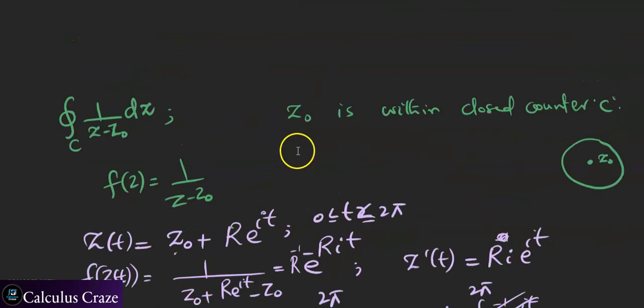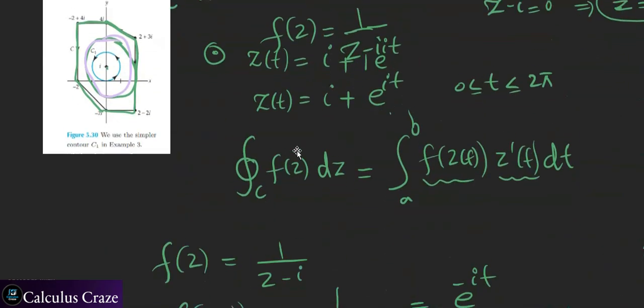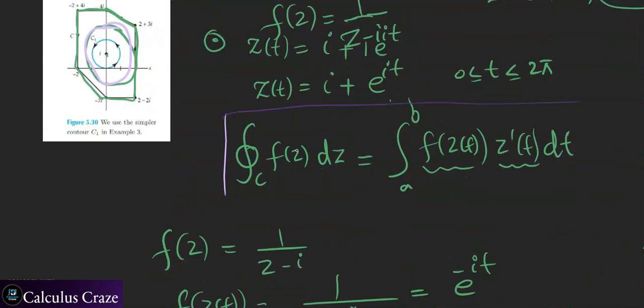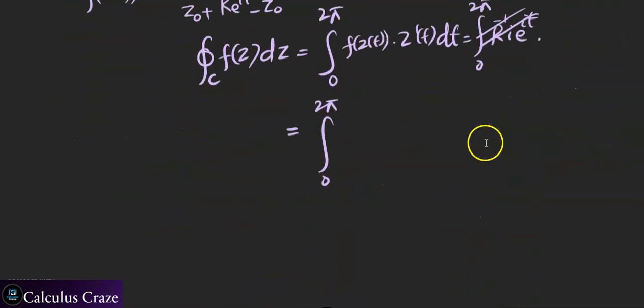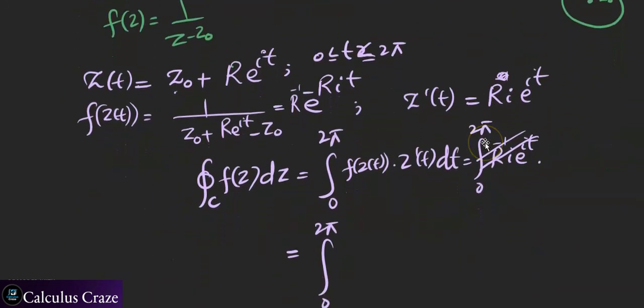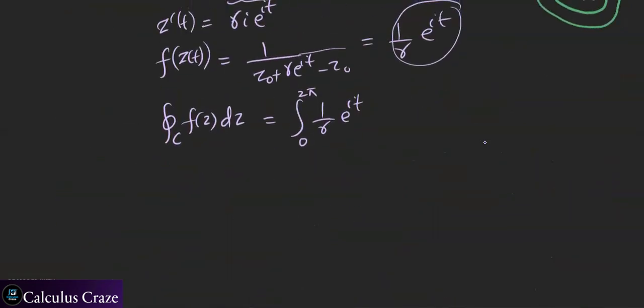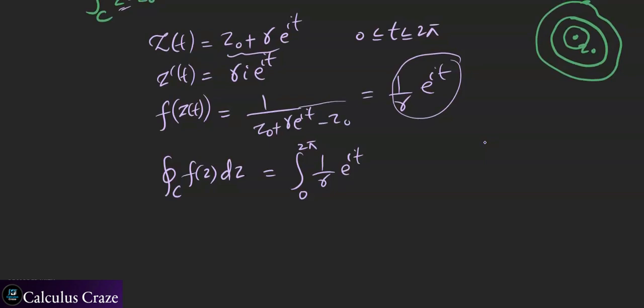The formula that I am using is this one. This is the formula for solving the complex integral when the parameterization is given: integral of f of z of t times z prime of t dt. If you don't know it, please watch my other videos on complex integration introduction. So f of z of t is inserted, and then I substitute the value of z prime of t, which is r iota e to the iota t dt.